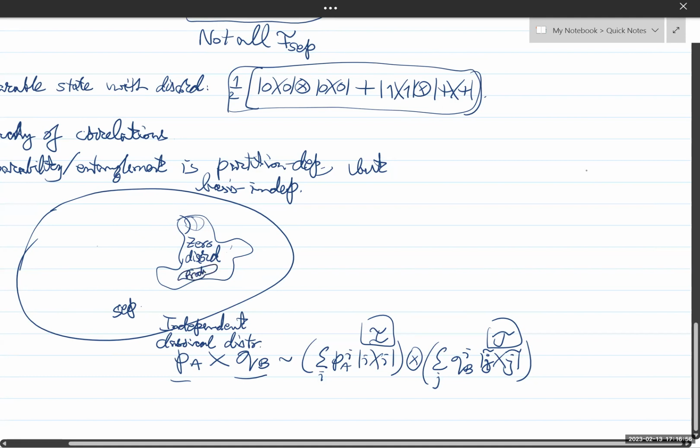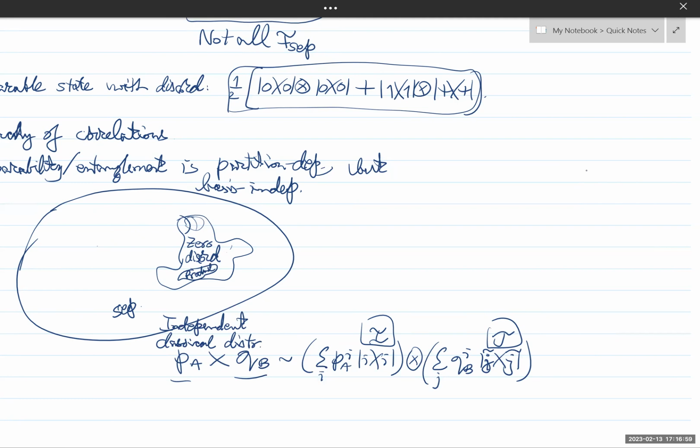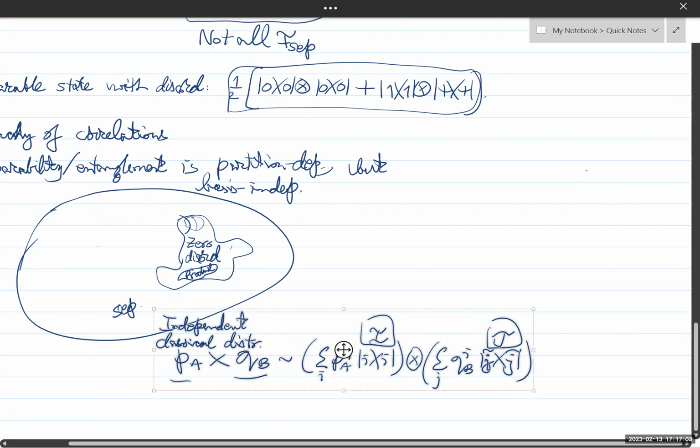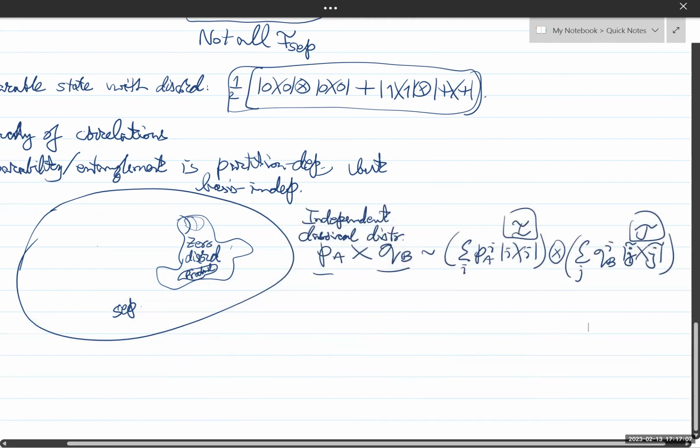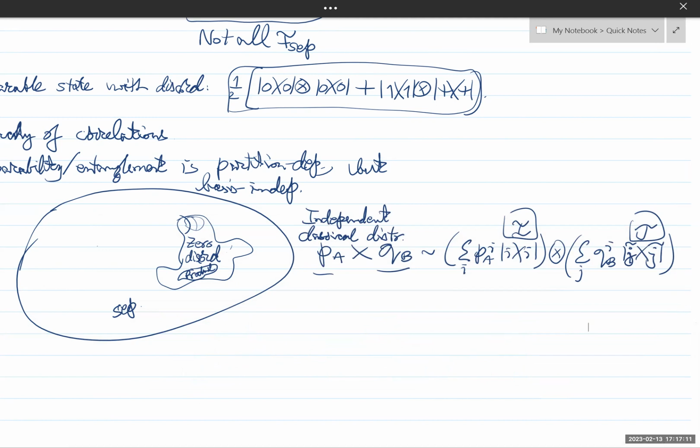Good point. So you have product states, separable states. Okay. And you're saying zero discord is not basis dependent, but it is the union of certain types of states that are essentially described by classical distributions.